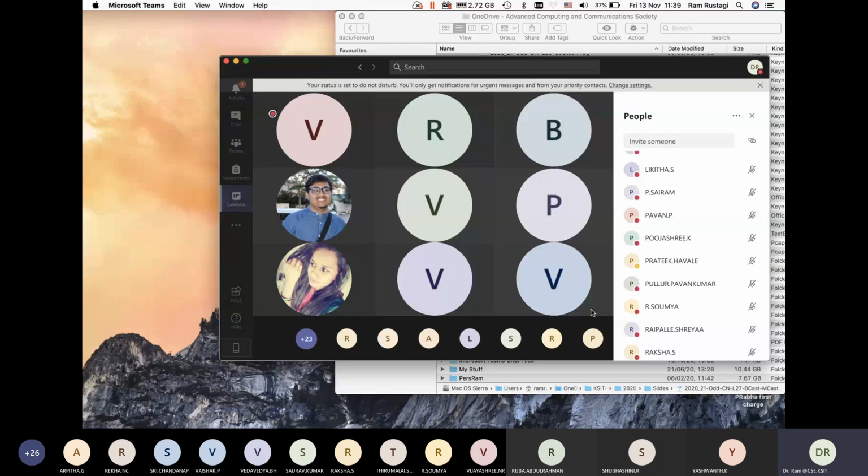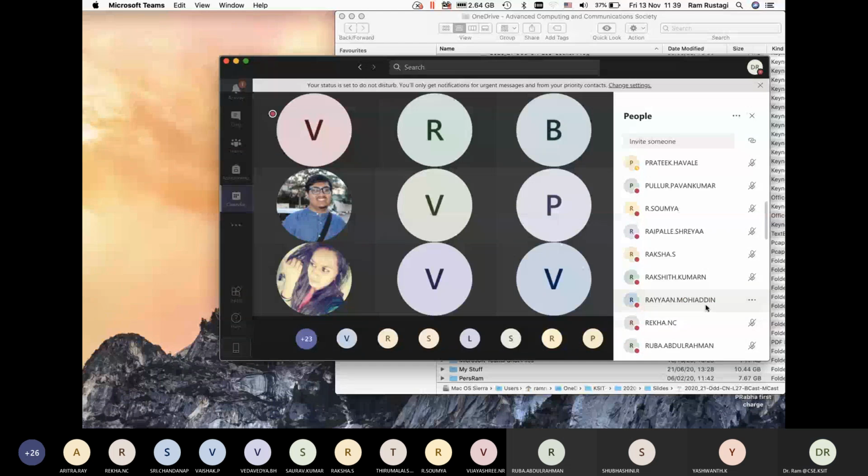How to identify unicast, multicast, broadcast, and anycast? No one? Rakshit? Muhyiddin?